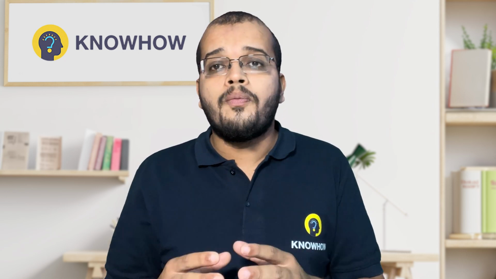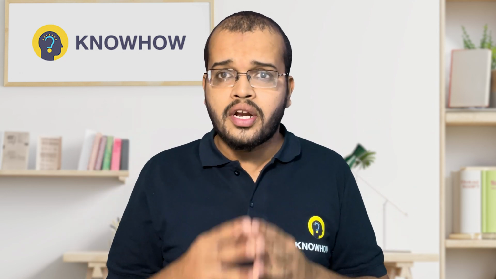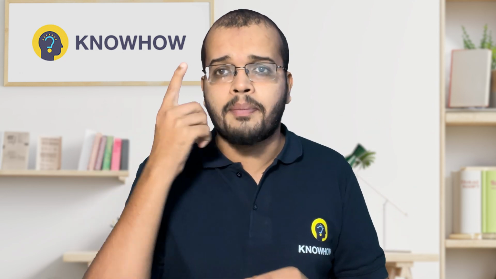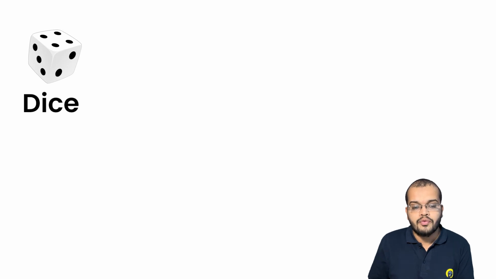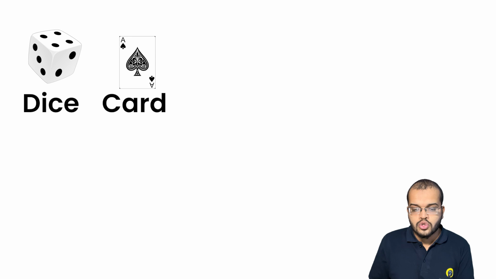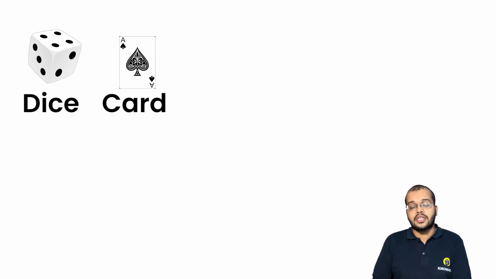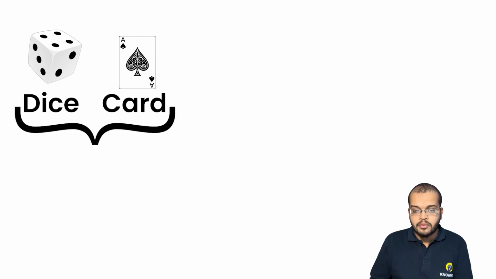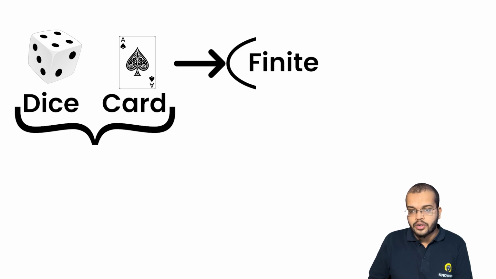Now if I talk about the different types of distribution, let's learn this with a simple example. Let me consider that I have a die. We all know what a die is, right? And I have a card. The distribution here shares some features where we group them together. They have a finite number of outcomes.